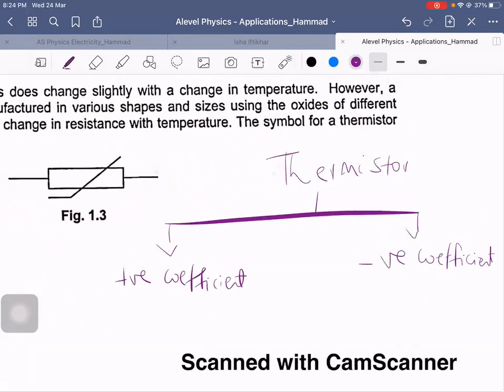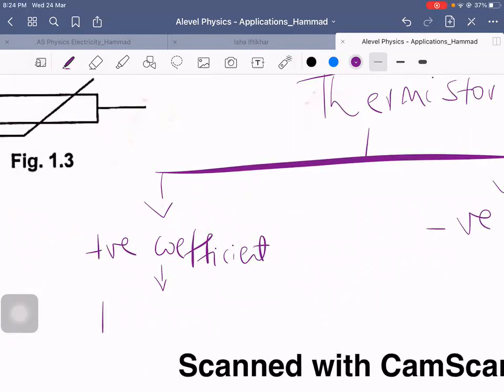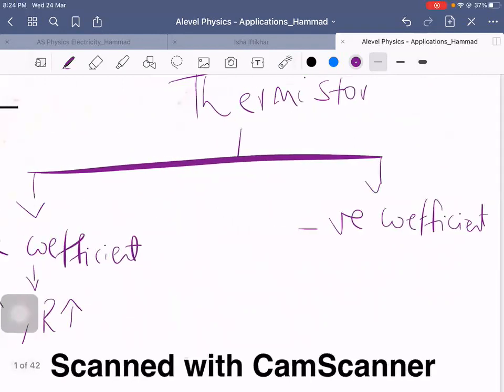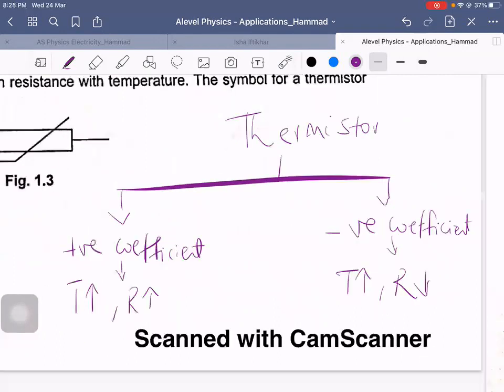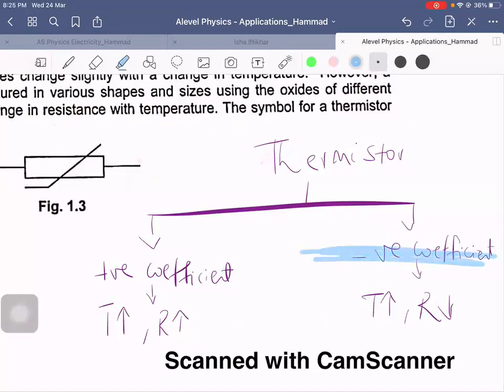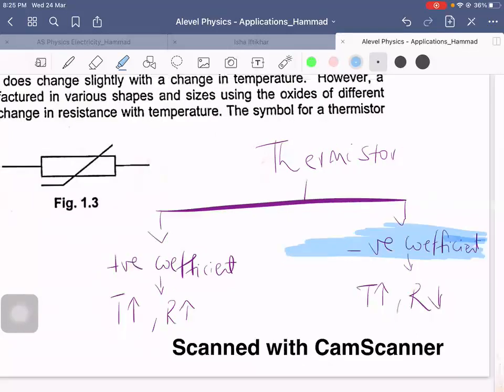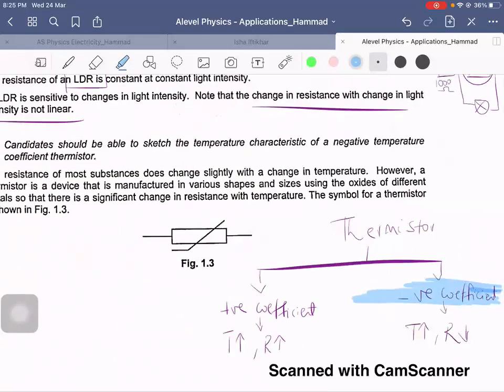In a positive coefficient thermistor, when the temperature increases, the resistance also increases. However, in a negative coefficient thermistor, when the temperature increases, the resistance decreases, or vice versa. When the question is silent, you will specifically take the negative coefficient thermistor. If the examiner wants you to take the positive coefficient thermistor, he will inform you. He will mention that straight away in the question.